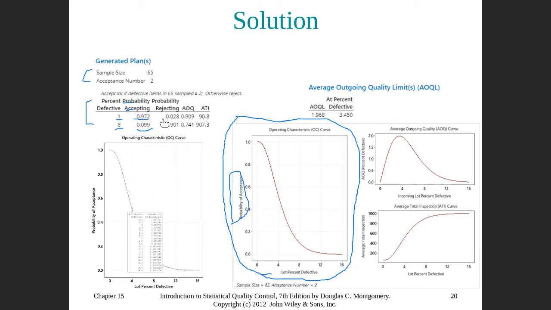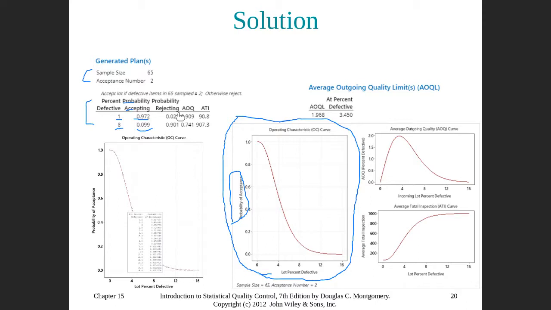The probability of rejecting column here is 1 minus the value of the probability of acceptance. So if it is 0.972, 1 minus 0.972 gives you 0.028, and 1 minus 0.099 will be 0.901.